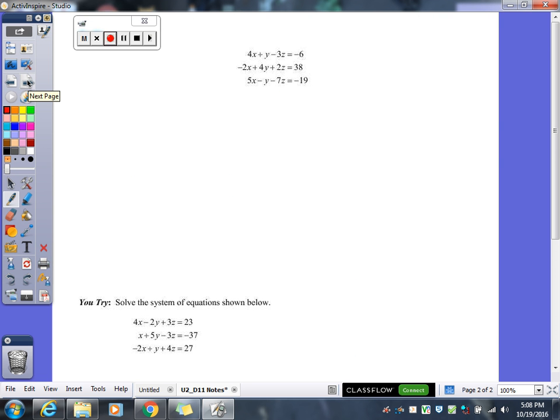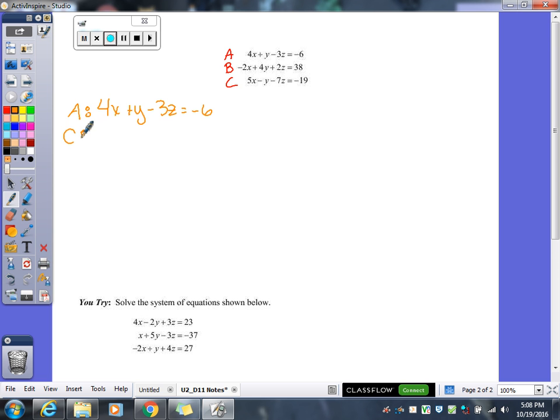Let's try some more examples. So up here again, we need to eliminate one of the letters first. I'm going to go ahead and label A, B, and C. As I look at these, I see here a positive y and a negative y. Those are going to eliminate nicely. So I'm going to use my equation A, 4x plus y minus 3z equals negative 6.